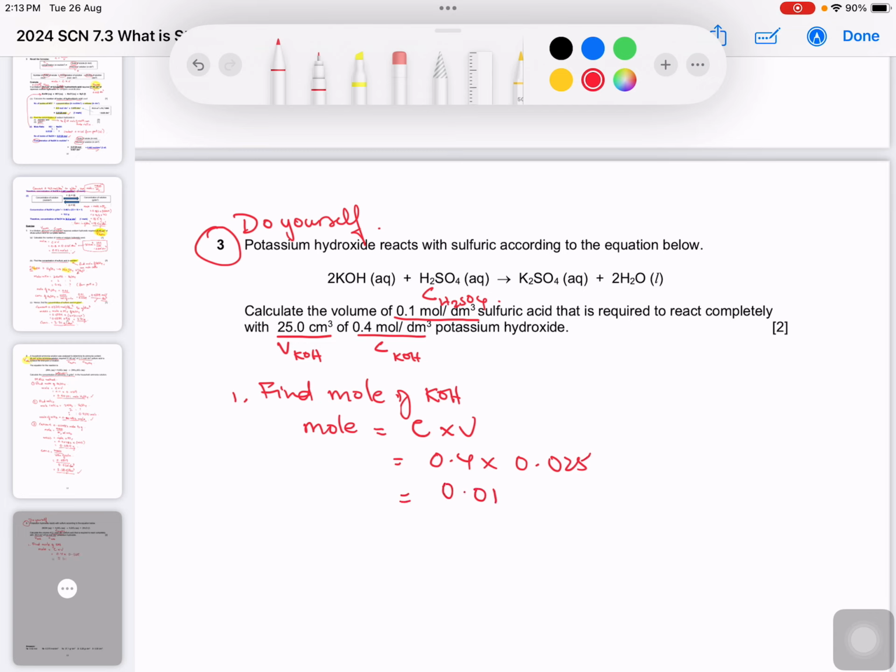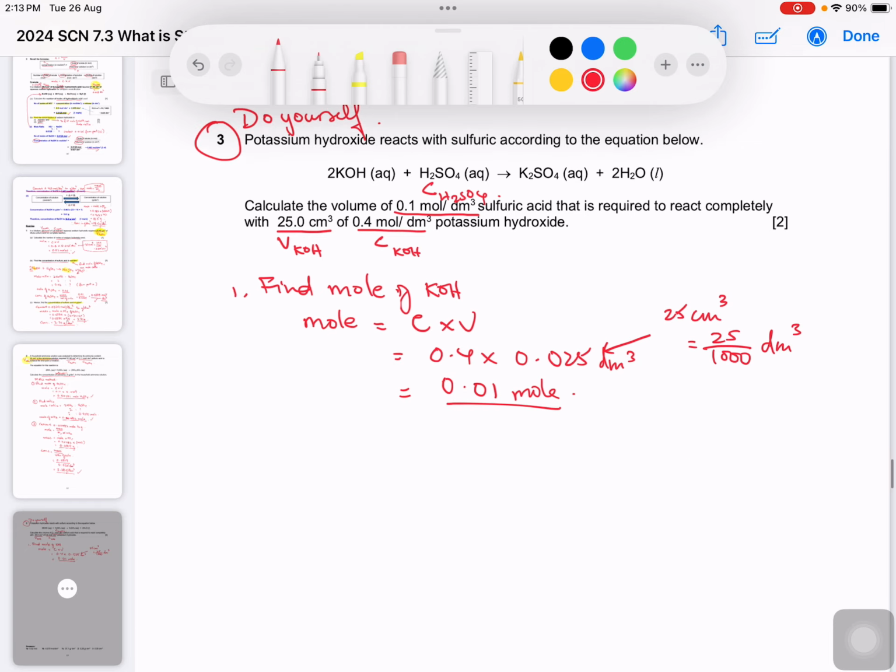Okay, so why 0.025? 25 cm cubed is equals to 25 over 1000 dm cubed. Okay. So, first one done. First step, find mole.